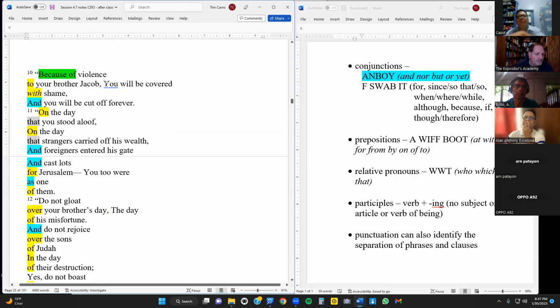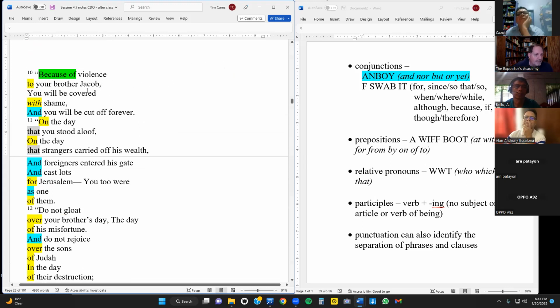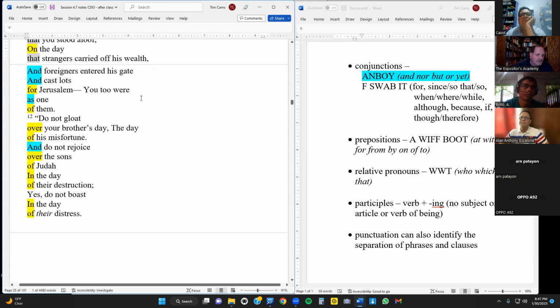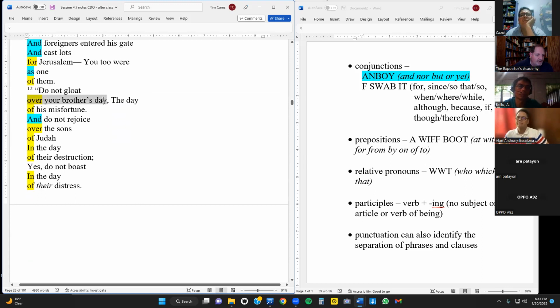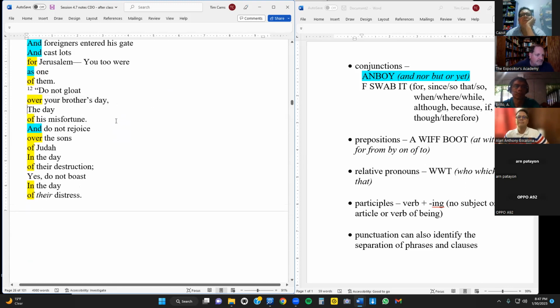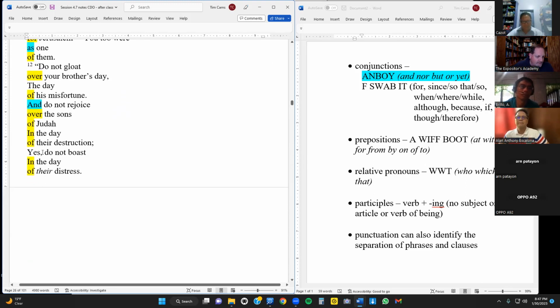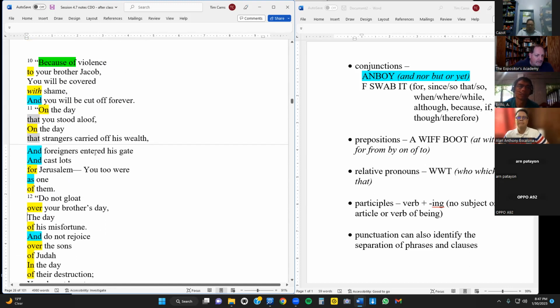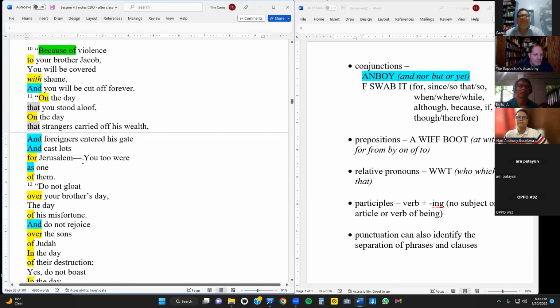That normally would indicate a break. There's no connector word here, but the punctuation helps us. We see that again: "Do not gloat over your brother's day," and then a comma, which indicates the end of that phrase. Then "do not rejoice," and "do not boast in the day of their distress."